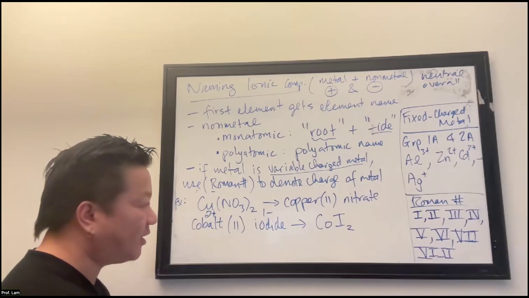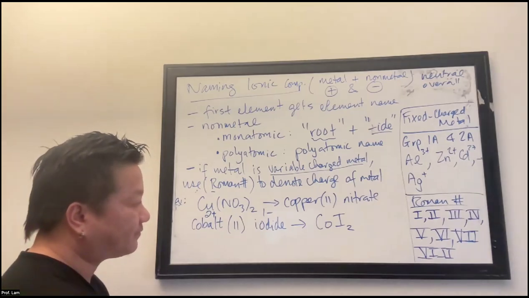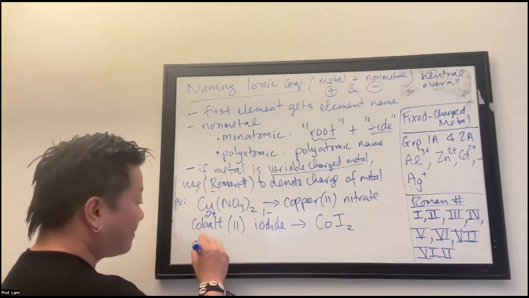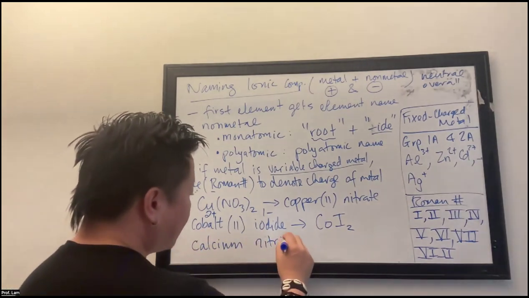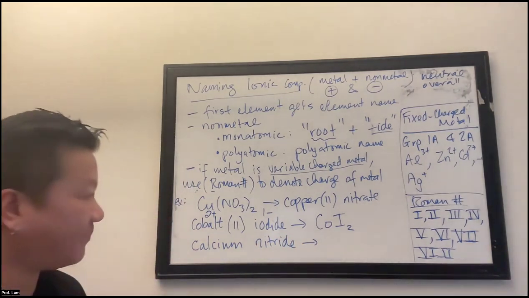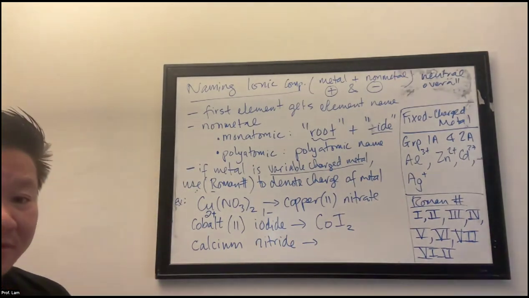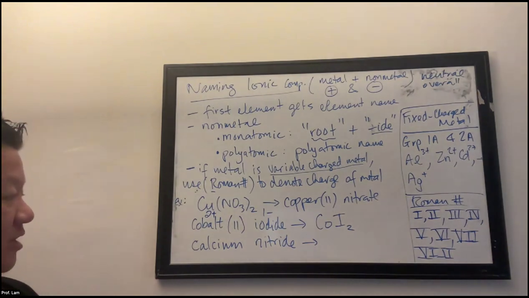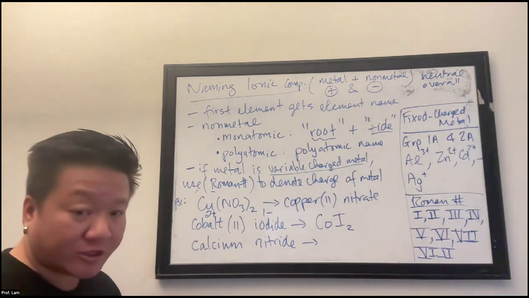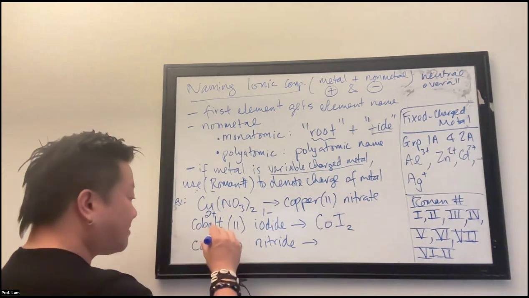All right, let's do some more. How about this one? Calcium nitride. Well, remember, do the charges first. Calcium is 2 plus.